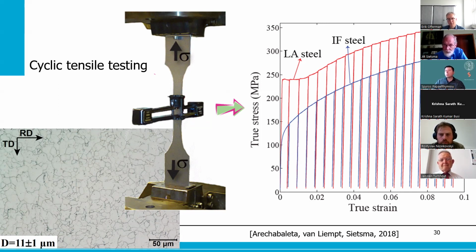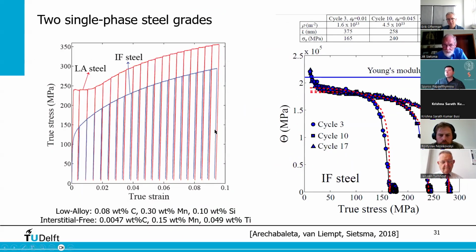And from that part, so we have 20 pre-yield curves here, and in each of them we can analyze the dislocation behavior. Yes, so what you see on the right-hand side is again this extended Cox-Making plot. The slope is below the Young's modulus for 3 cycles, cycle 3, 10, and 17. So that's cycle 3, this is for the IF steels, and the blue ones is this one over here.